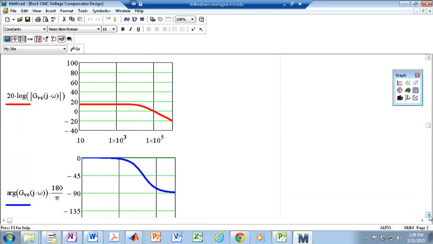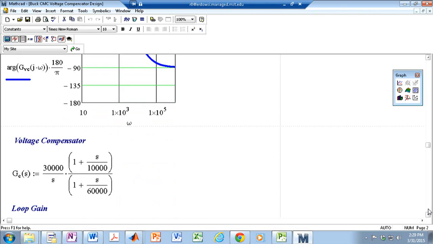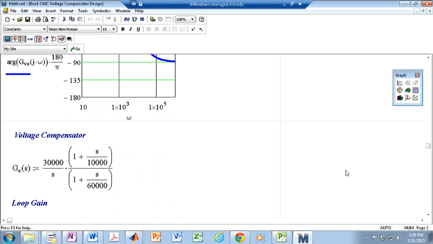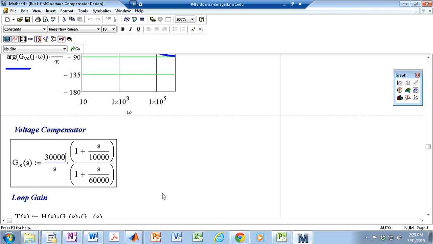So if you look at the Bode plots of just the control to output voltage transfer function, it is like this, which we saw also in the previous file as well. Now I am trying to put this transfer function as my voltage compensation network.